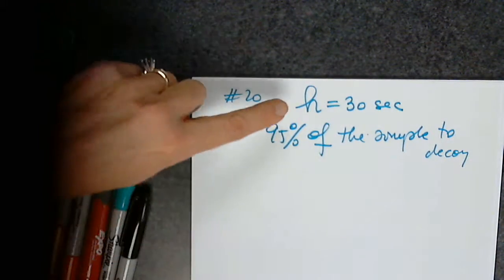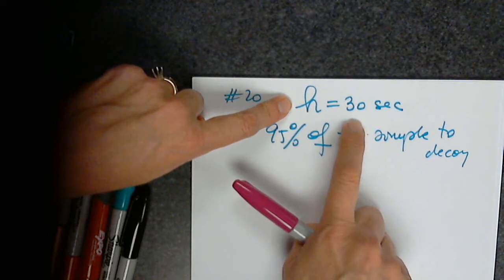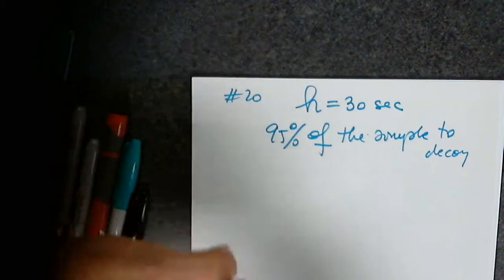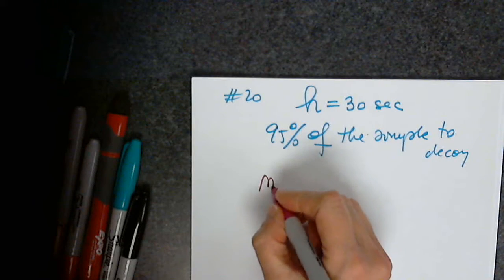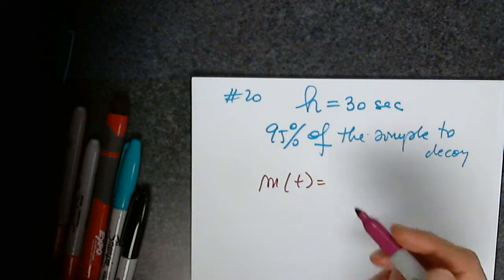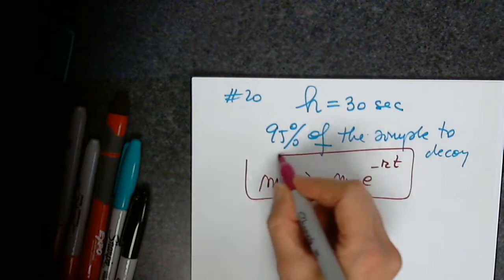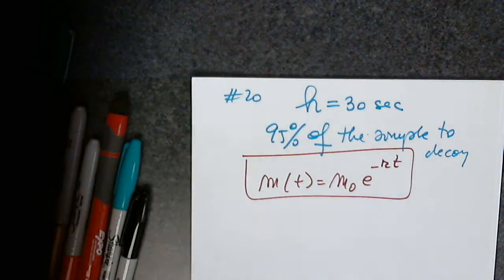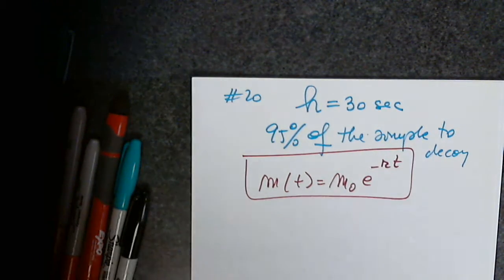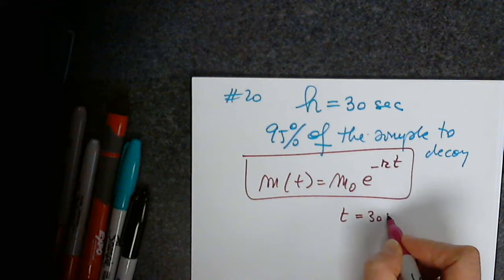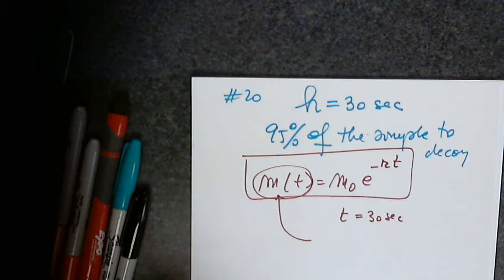So I'm told that a radioactive substance has a half-life of 30 seconds. Okay? If I'm talking about a radioactive substance, I will immediately have to write this. I know this is the model. So I'm told that the half-life is 30 seconds, which means when t is 30 seconds, this mass will be how much?